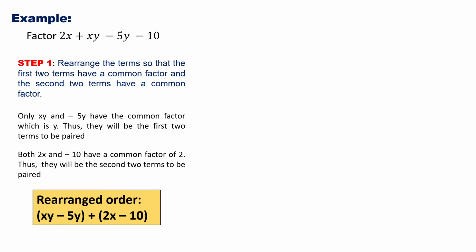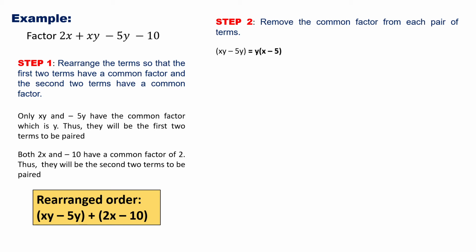Now, for our second step, let us remove the common factor from each pair of the terms. So for the first term, xy minus 5y, ang common factor is y. And by removing y sa two terms na yan, ang matitira ay x minus 5. So the factored form is y times x minus 5.